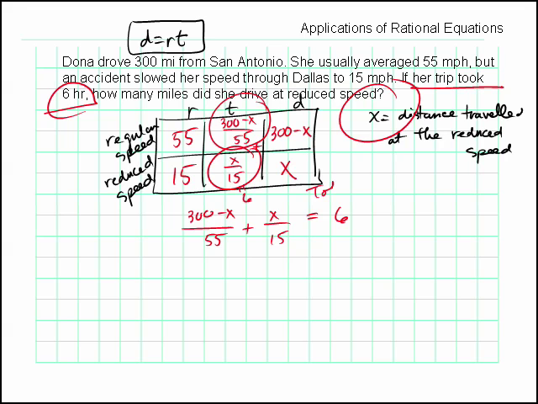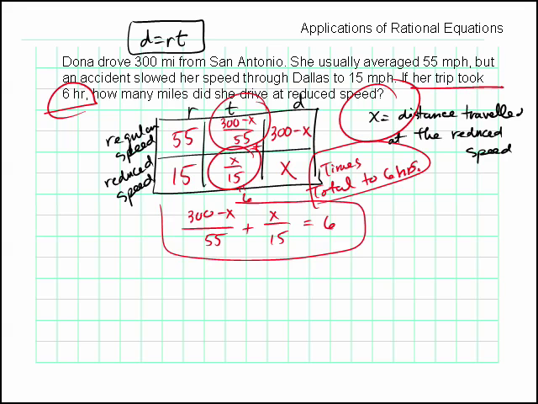In other words, the times total to 6 hours in this problem. And so this is the equation which I want to solve. Let me fix that. That's my equation.